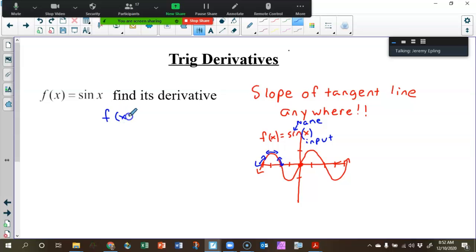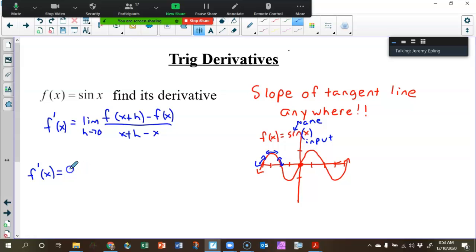The change in y divided by the change in x. That would be average rate of change. Slopes of secant lines. We want slopes of tangent lines. So we're going to move the points really close together. This would be f prime of x. That's what we want. So f prime, the derivative of sine of x.